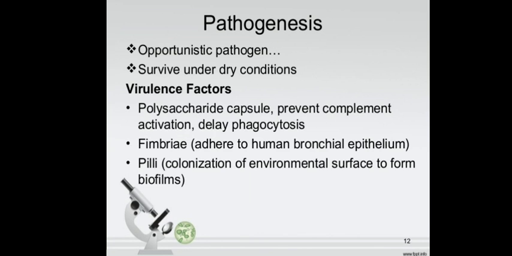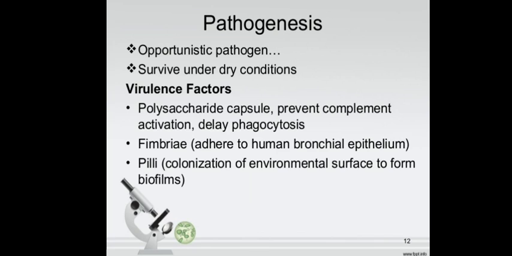Now the pathogenesis, or the ability of Acinetobacter to cause different diseases. They are generally opportunistic pathogens, and they survive under dry conditions, as Acinetobacter requires a high temperature for growth, that is 44 degrees Celsius.